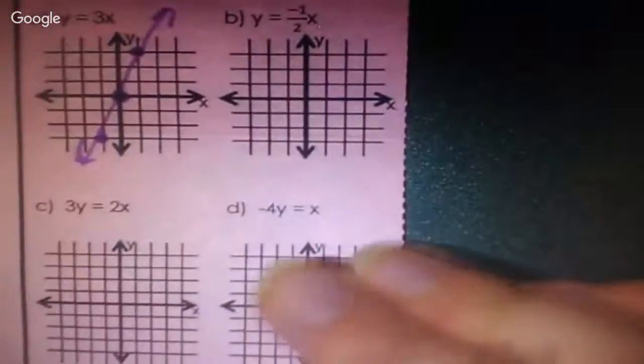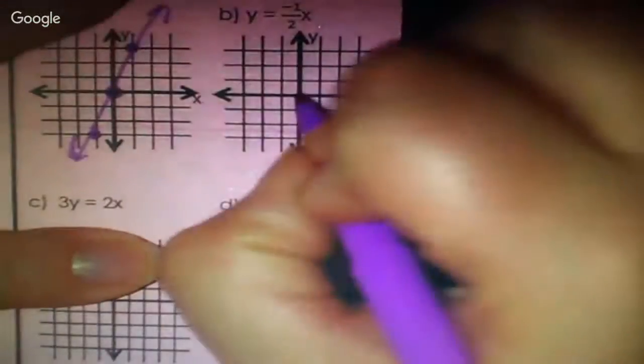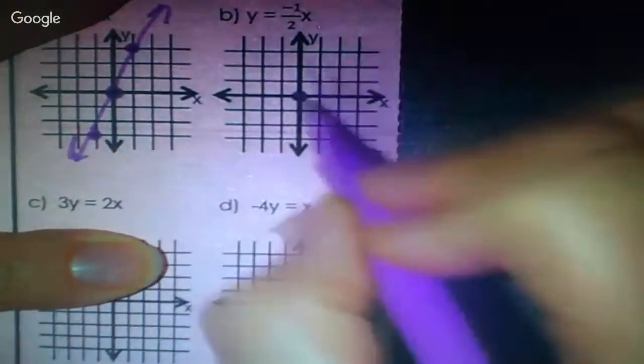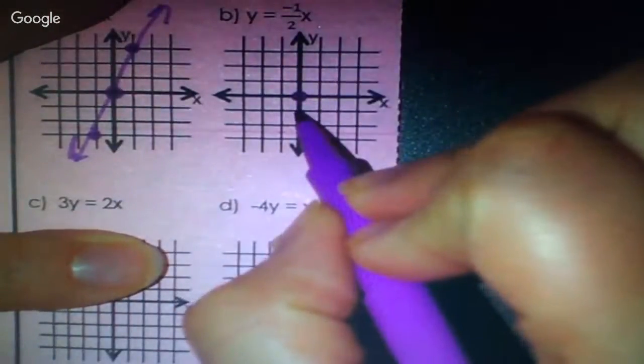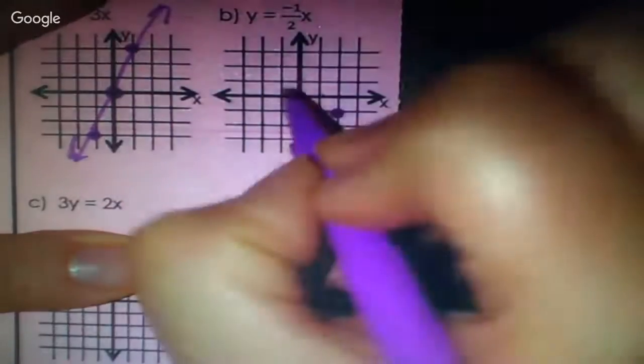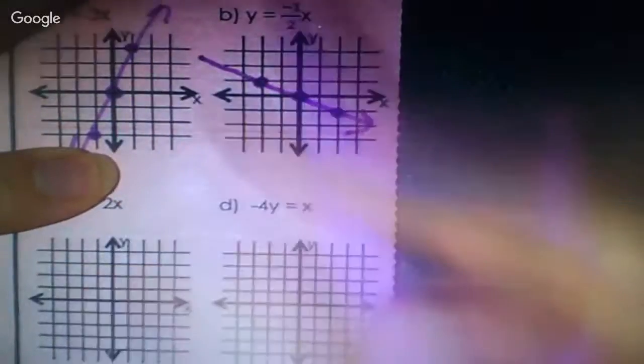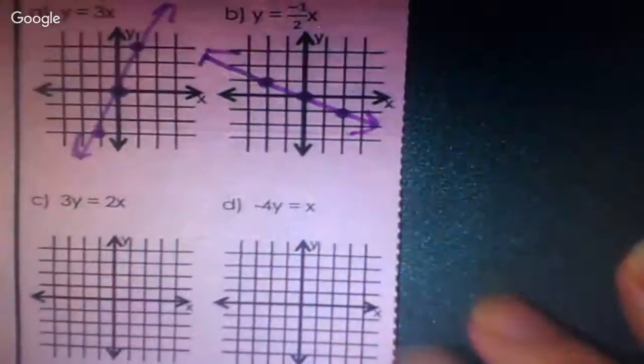Okay. y = -1/2 x. Where do I start? Down 1 to the right 2, or up 1 to the left 2. Notice my K value is negative, so I'm going down to the right.